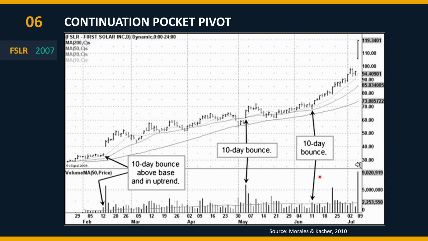The volume pattern at each pocket pivot was clear, dry during pullbacks, explosive on the bounce. Leading sector stock plus strong market context equals highly effective continuation pocket pivots. The lesson here is not just about knowing how to enter a position, but also knowing how to add to it when the stock is winning.